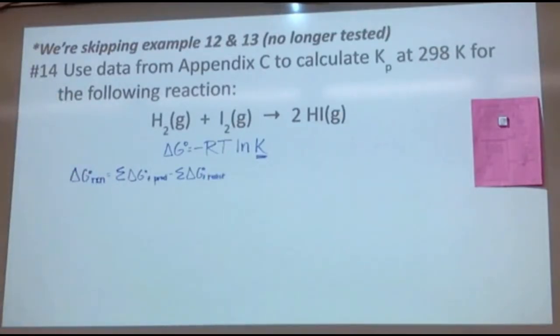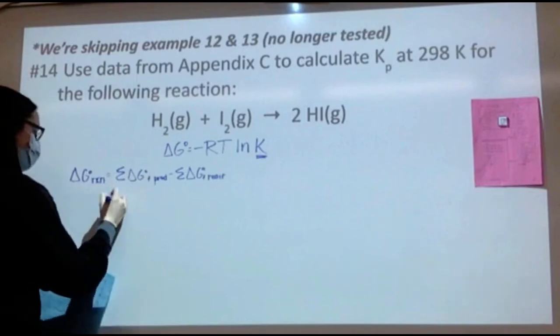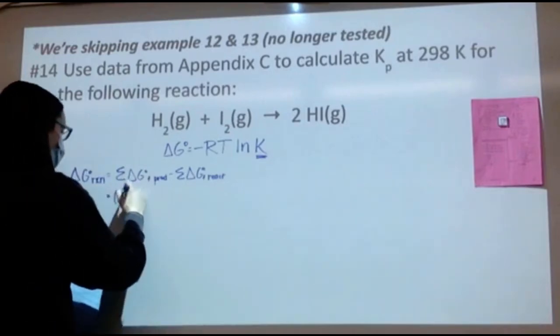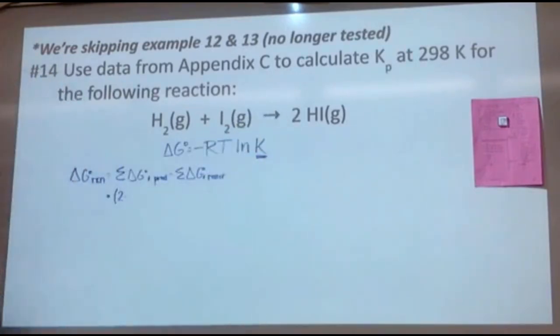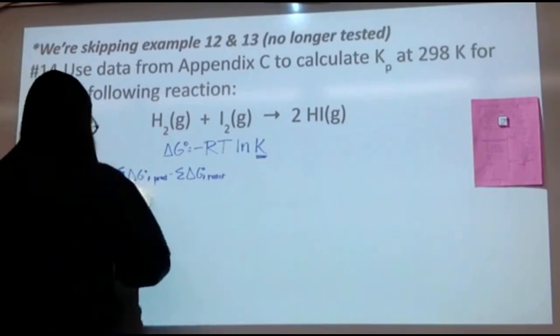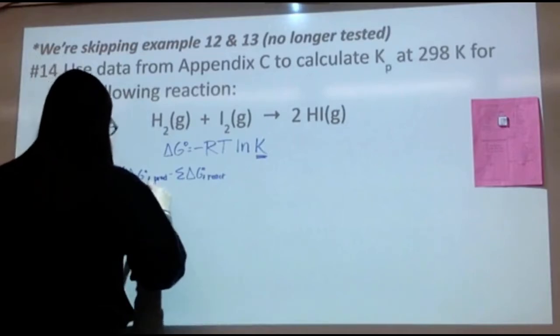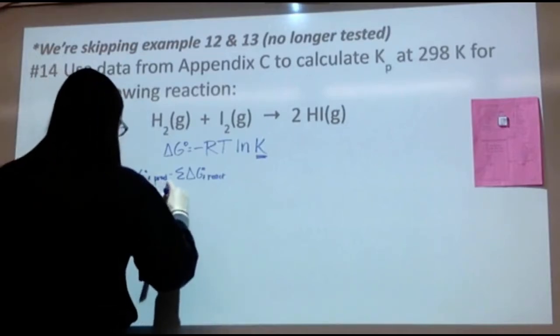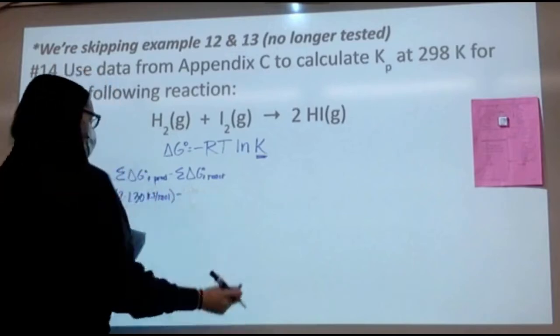So we look at Appendix C. We know that we need to do 2 times the free energy of formation of HI. So HI will be under iodine. Iodine it is, and delta Gf, that's the center column: 1.30 kilojoules per mole.